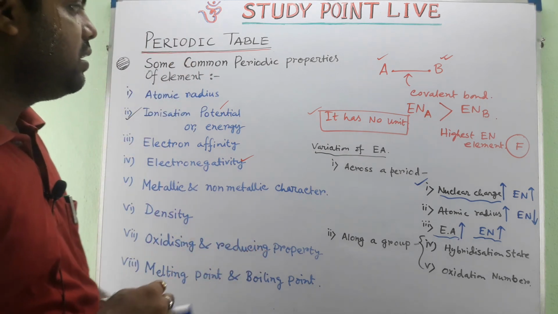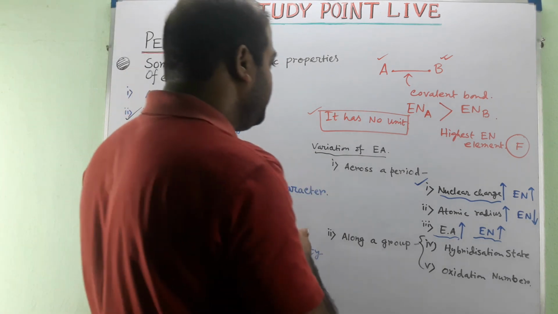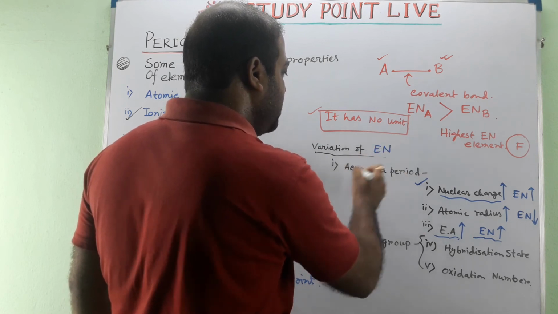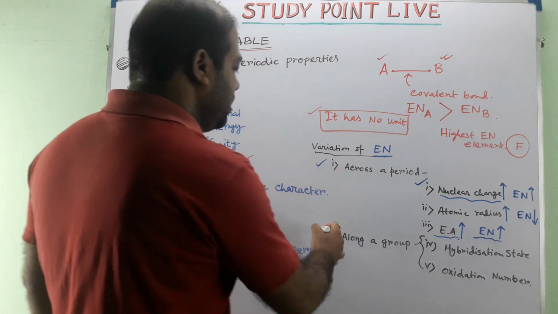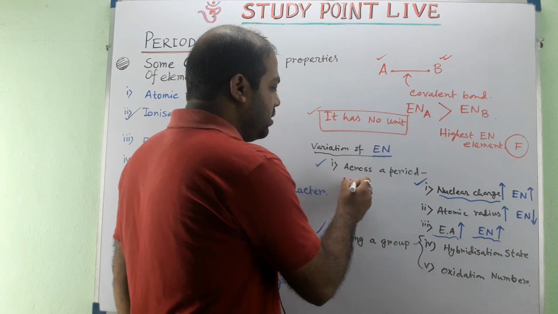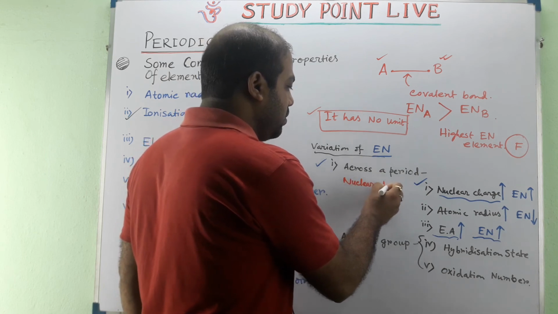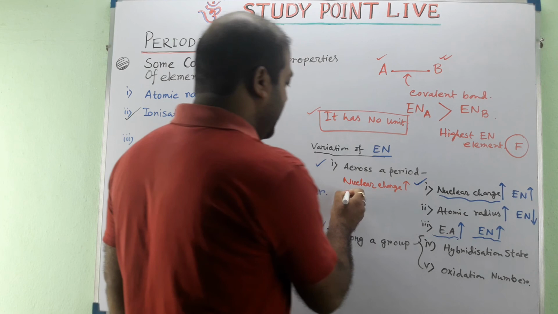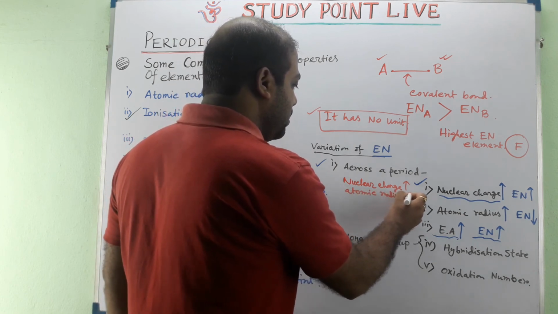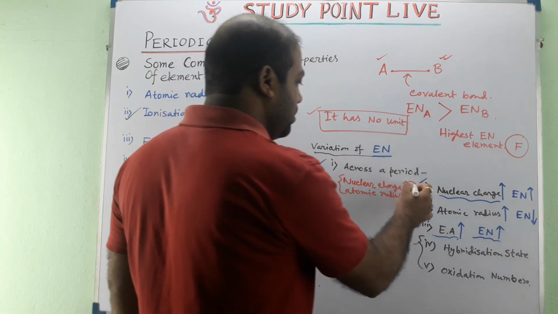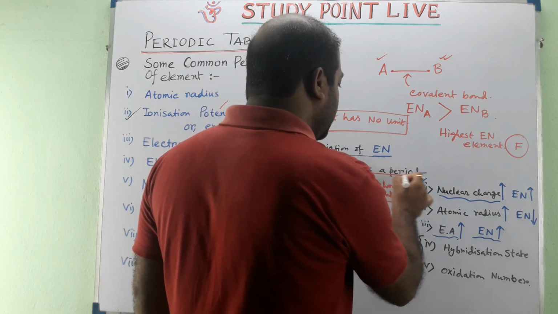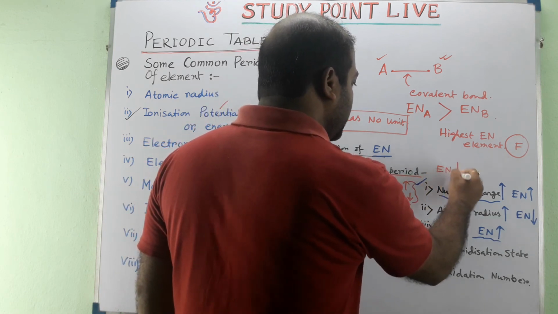Now we are discussing the variation of electronegativity across a period and along a group. Across a period, nuclear charge increases and atomic radius of the element decreases. That's why we conclude that across a period electronegativity increases.